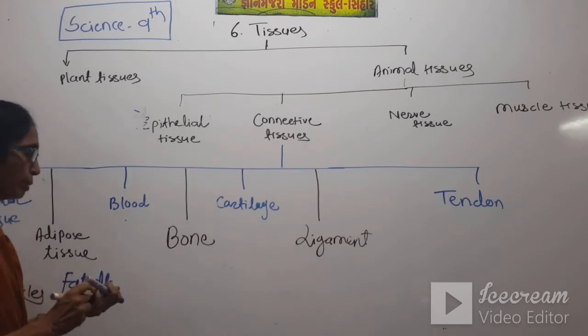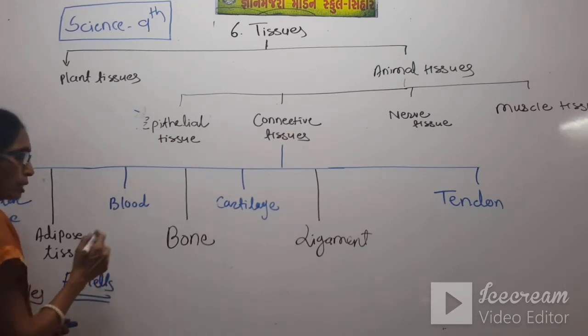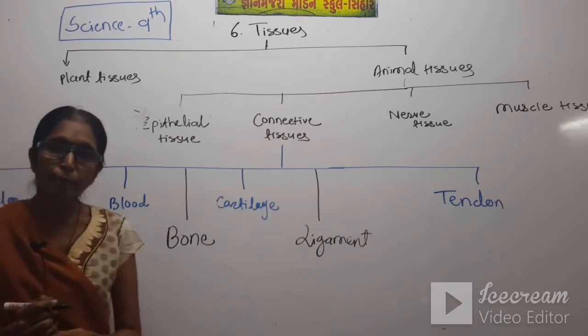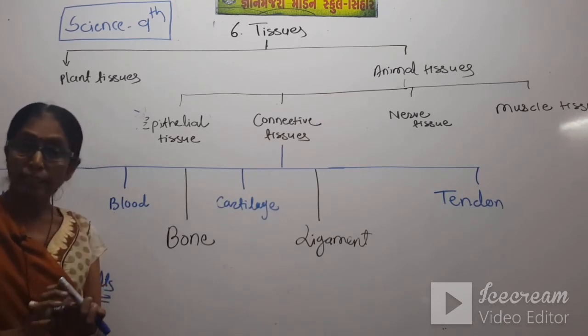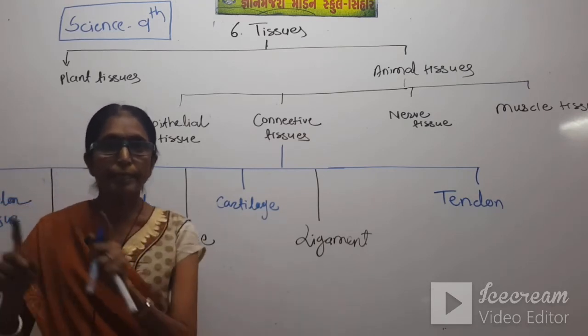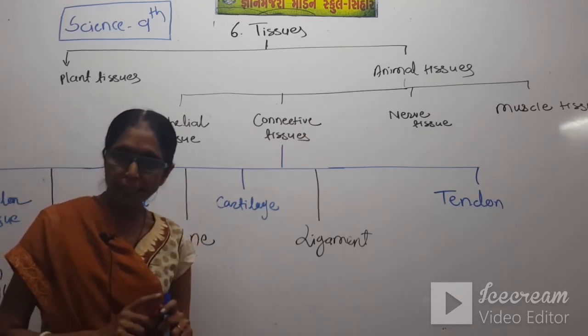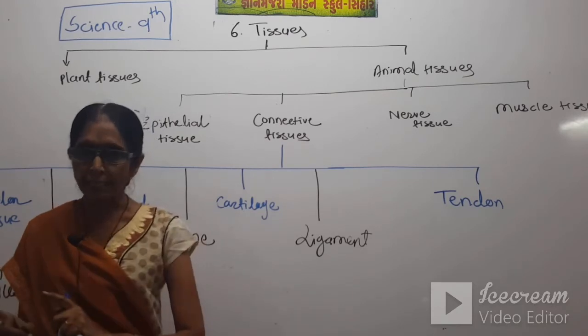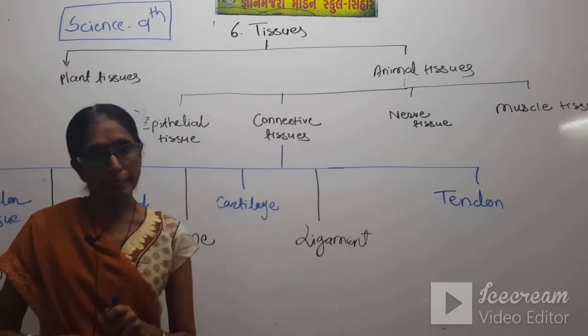Now number 3, blood cells. We know students, what is there in our blood? In our blood there are 3 types of cells. RBC, meaning red blood cells, WBC, white blood cells, and also the blood platelets.